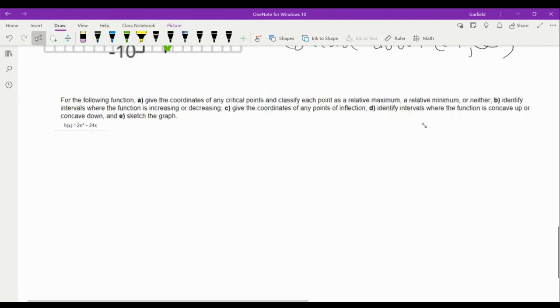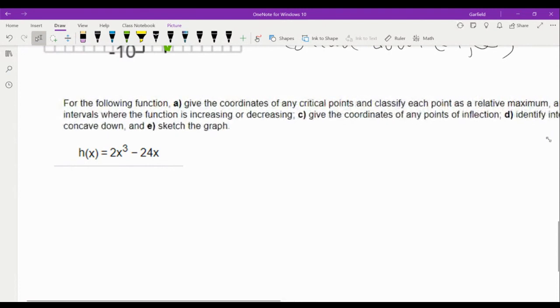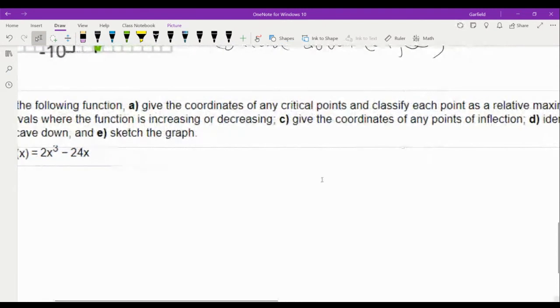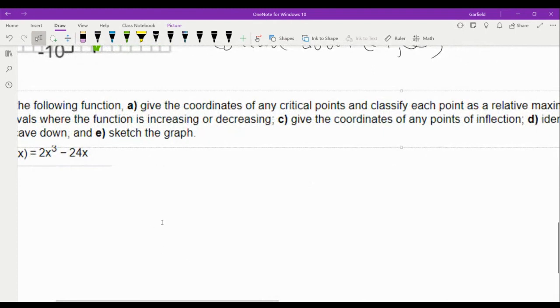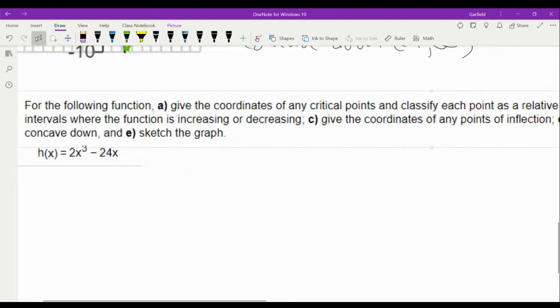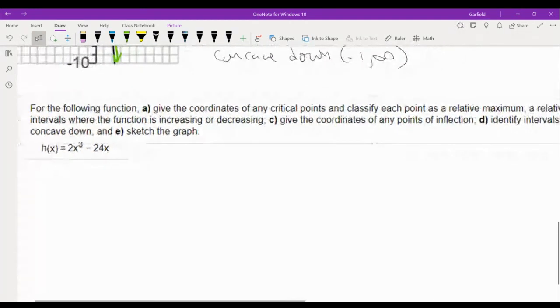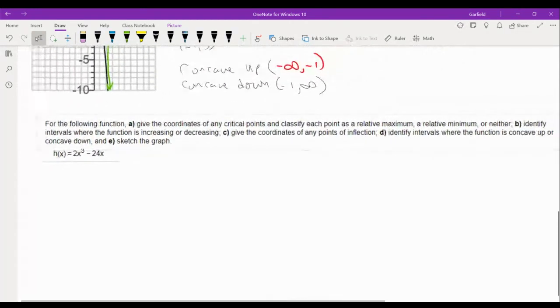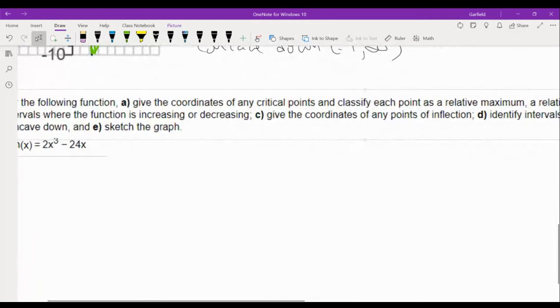Now, this is what I'm talking about. They are exhausting, right? There's not a lot of problem, but it has multiple parts. This one has A, B, C, D, and E. Now, it says for the following function, let's do this. Give the coordinates of any critical numbers and classify each point as a relative max or a relative min, or neither. So that's the first part.